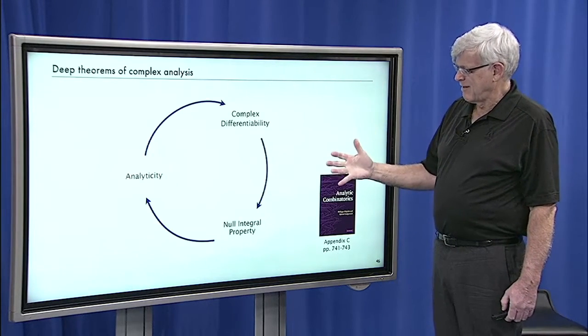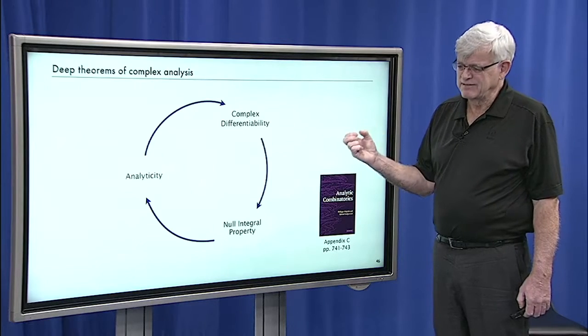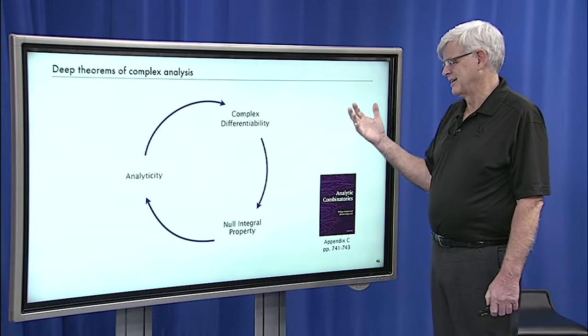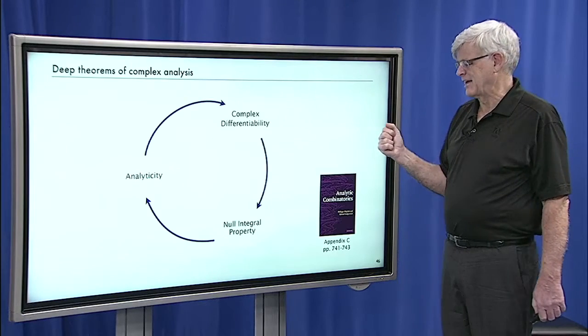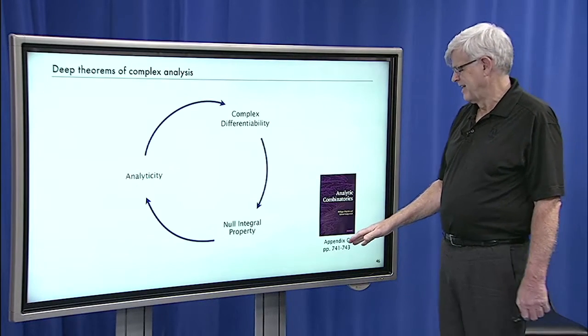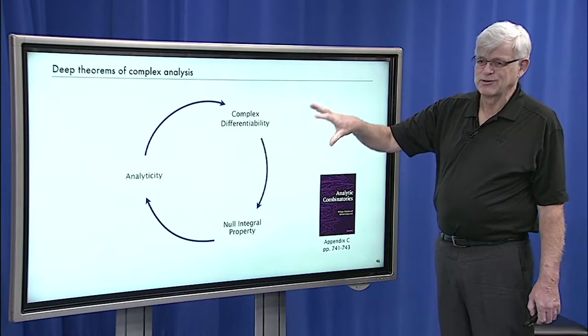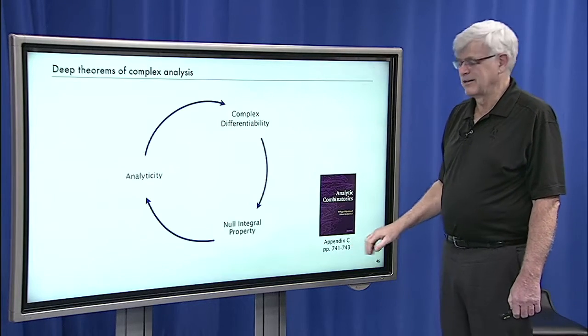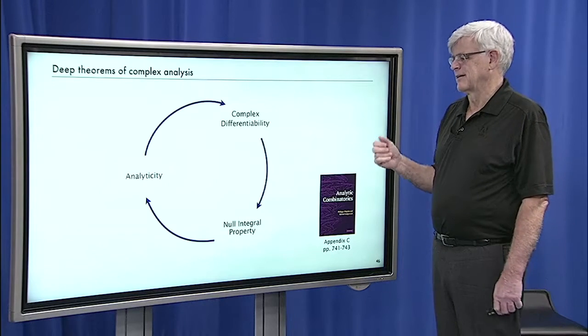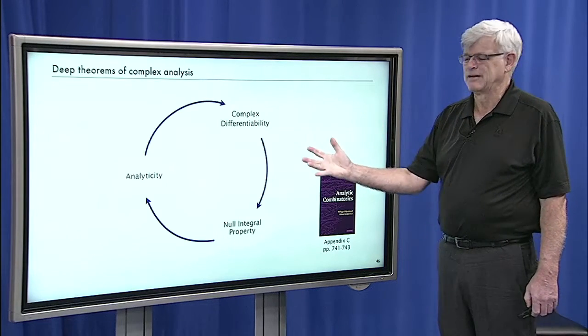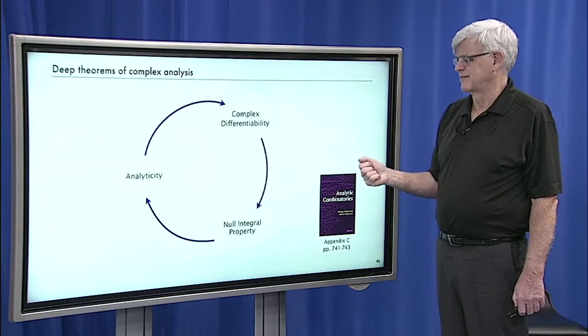In fact, I've mentioned this is really the basis of complex analysis that I just glossed over by stating these things as axioms. If you want to see a proof that these things are all equivalent, that's in the appendix of the Blue Book, or a course in complex analysis really is about this.